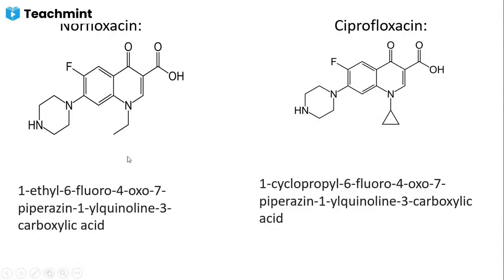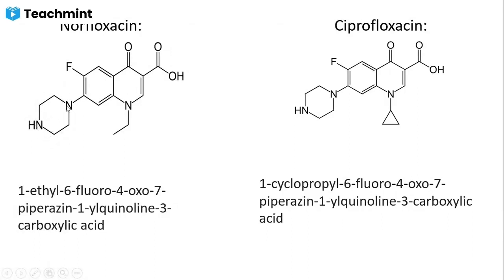There is an ethyl group at the first position. So 1-ethyl. After 1-ethyl, 1, 2, 3, 4, 5, 6: 6-fluoro. 1-ethyl, 6-fluoro. Then 4-oxo. Then 7-piperazine.